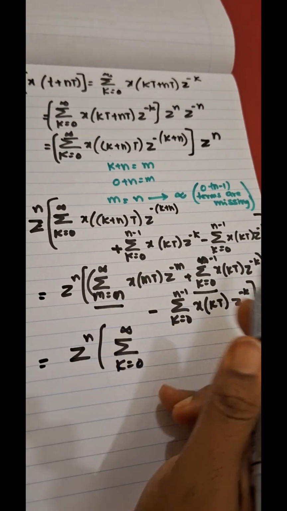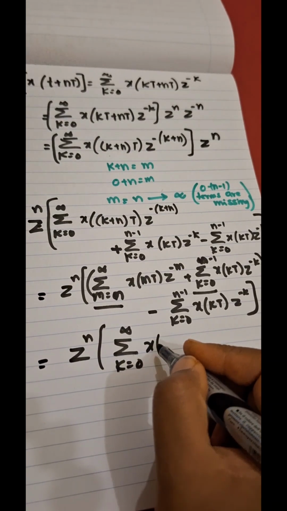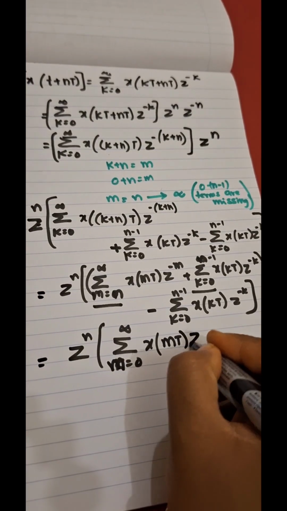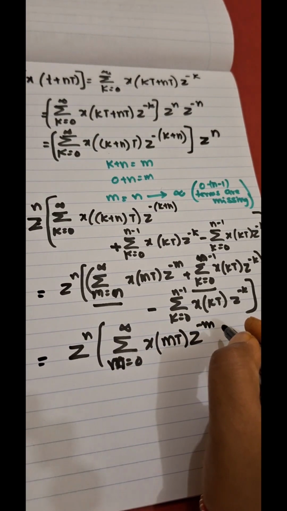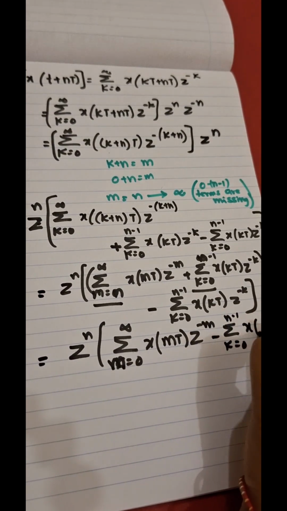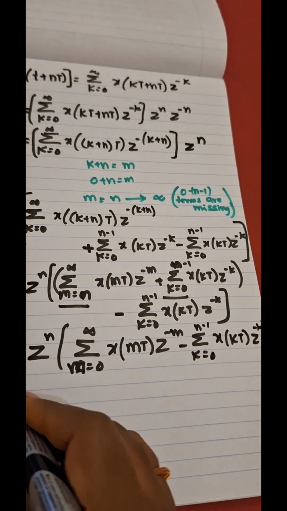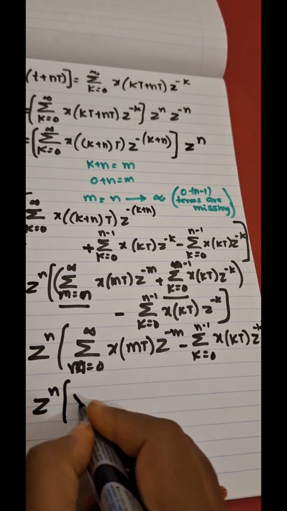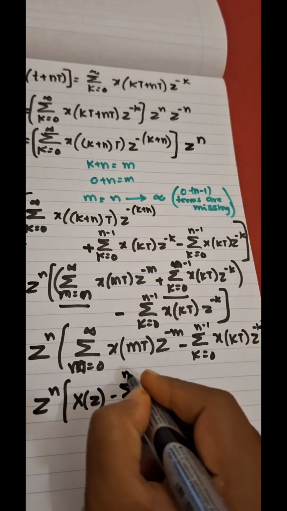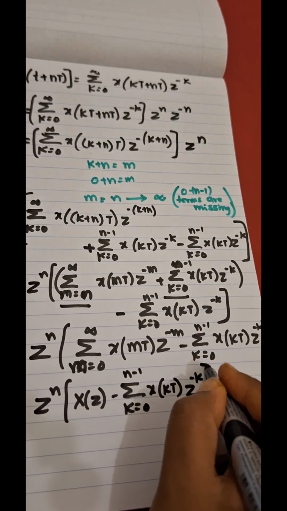Okay, so total I mixed up 0 to infinity x of, let me write it as m also, okay, anything is fine, mT. For you not to confuse, I am writing it like that. Okay, z power minus m minus sigma k is equal to 0 to n minus 1 x of kT z power minus k. So this equation is x of z. So z power n into x of z minus sigma k is equal to 0 to n minus 1 x of kT z power minus k.